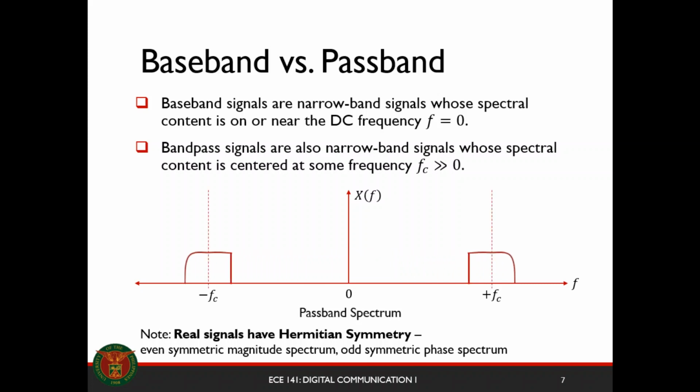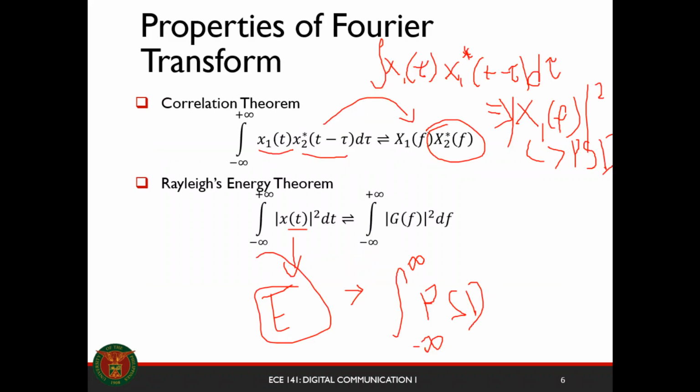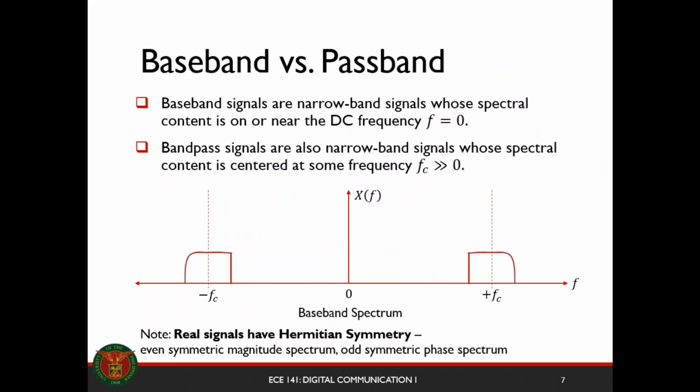A baseband communication is actually the communication that is done centered at the zero frequency right here. Once it is split and moved into higher frequencies, then we now have what we call a passband signal.